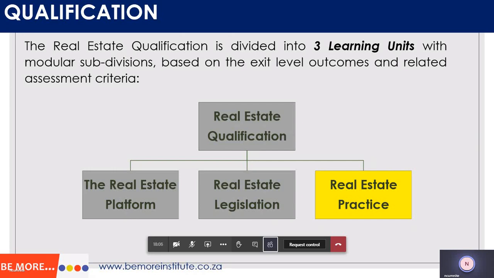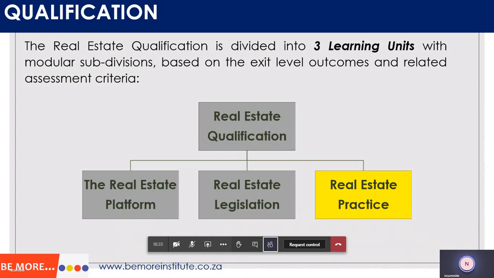This qualification was targeted from the point of view of an estate agent. But I think all of us can agree that the things we are learning are beyond being an estate agent. It's more about you understanding the environment as a property developer or any other role you would like to play.